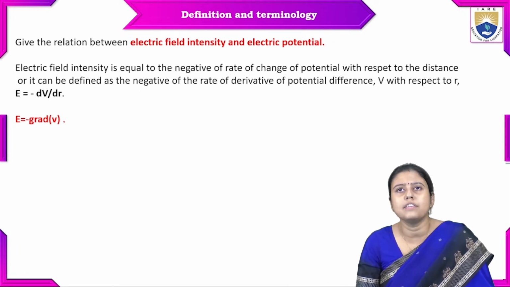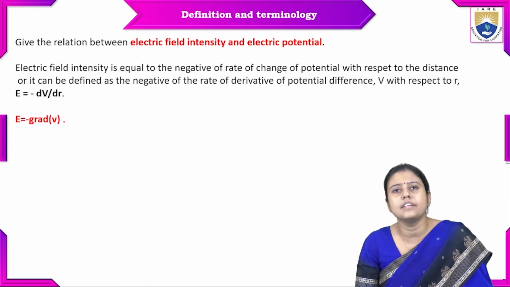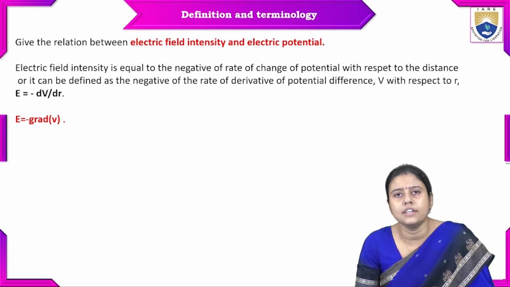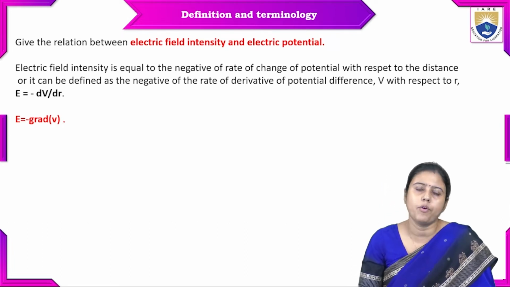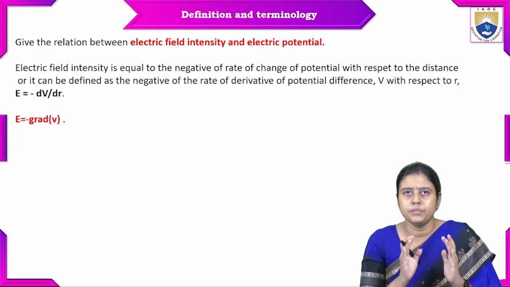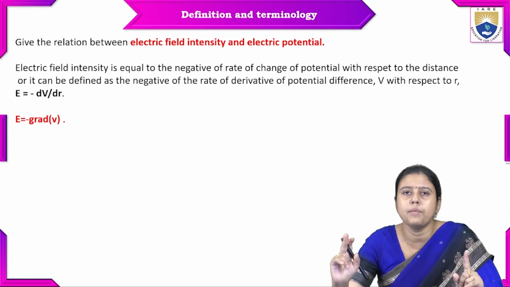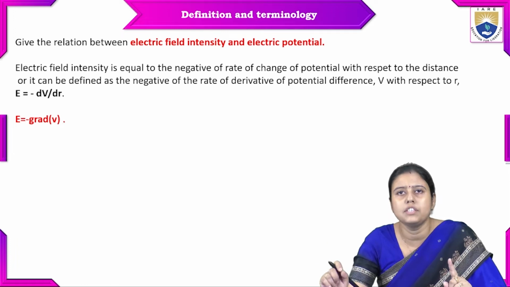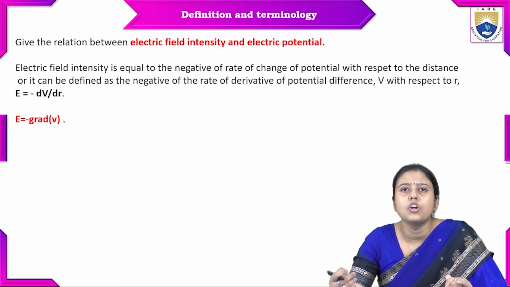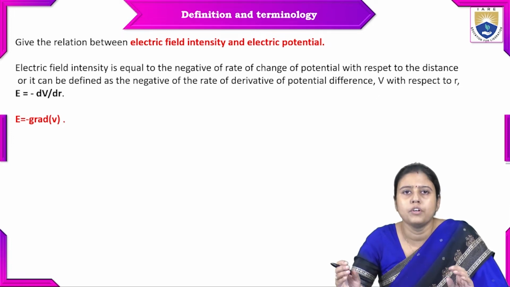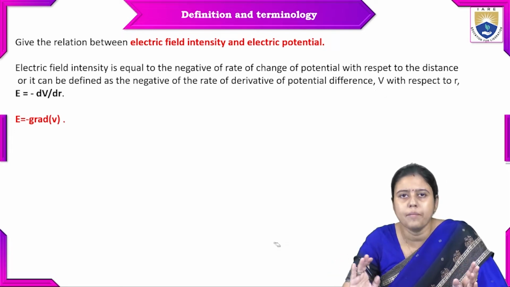Electric field intensity is the force experienced by a unit charge in the field. Potential is the work done to bring one unit charge from infinity to a point in the electric field. So the definitions are somewhat similar.